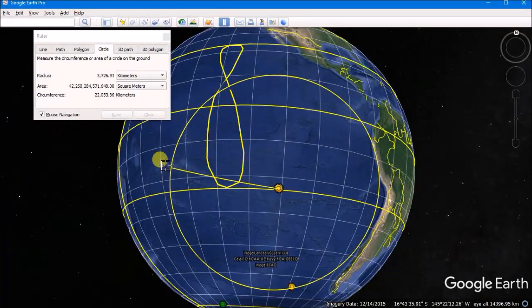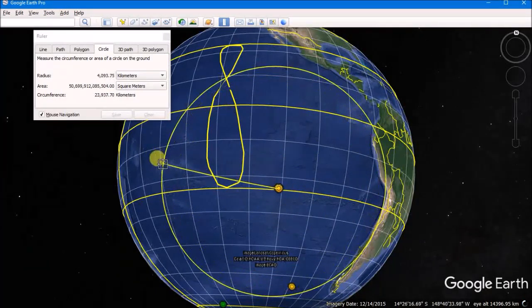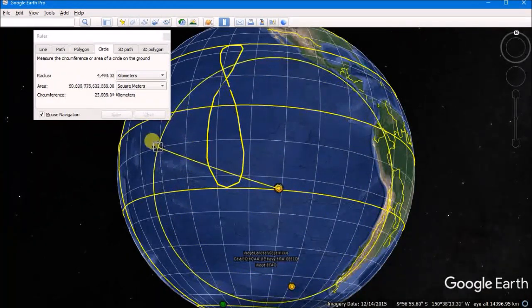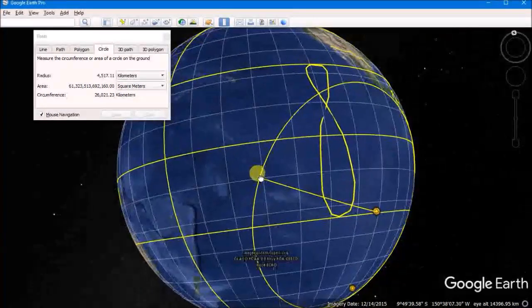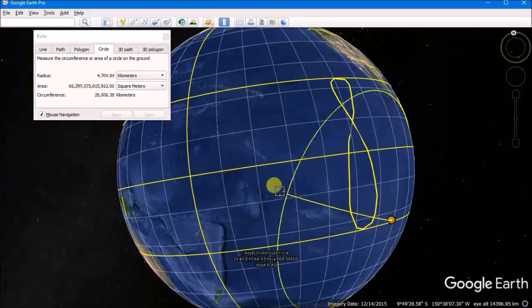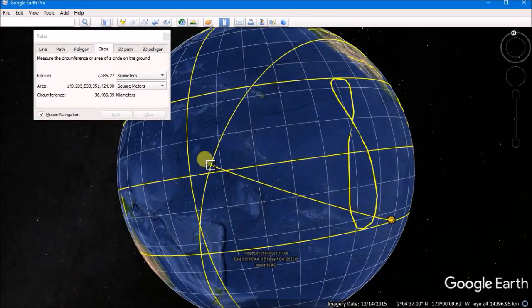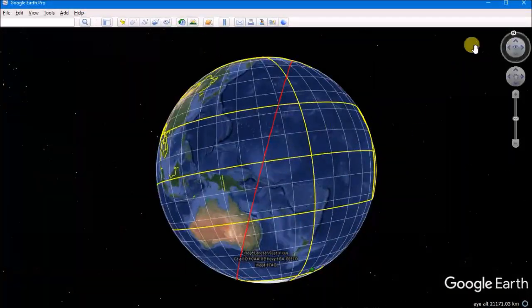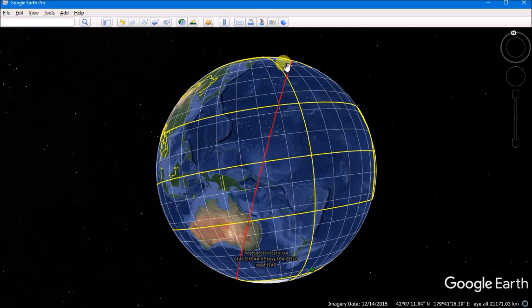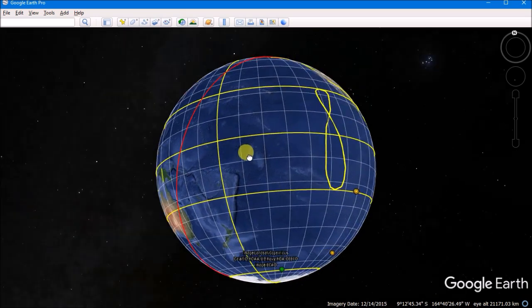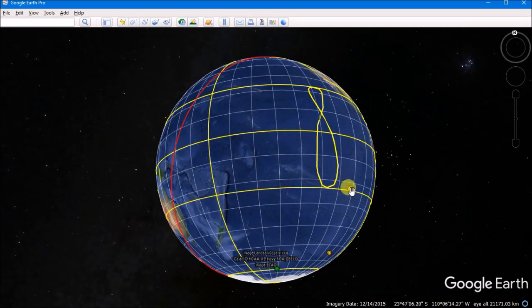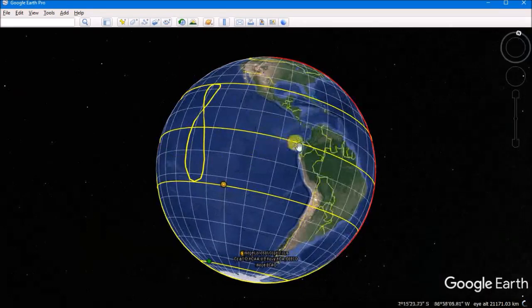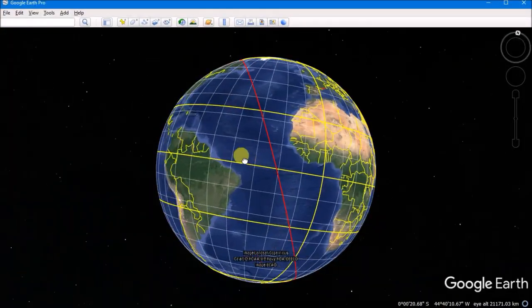The distance from that point to where I'm pointing now is the radius, but that radius is curved, so it's really not a radius of the circle, but a part of the Earth's circumference. So what I want is 10,000 kilometers of radius. This is the terminator line for the whole Earth when the sun is at this point. All this is day and all this is night.